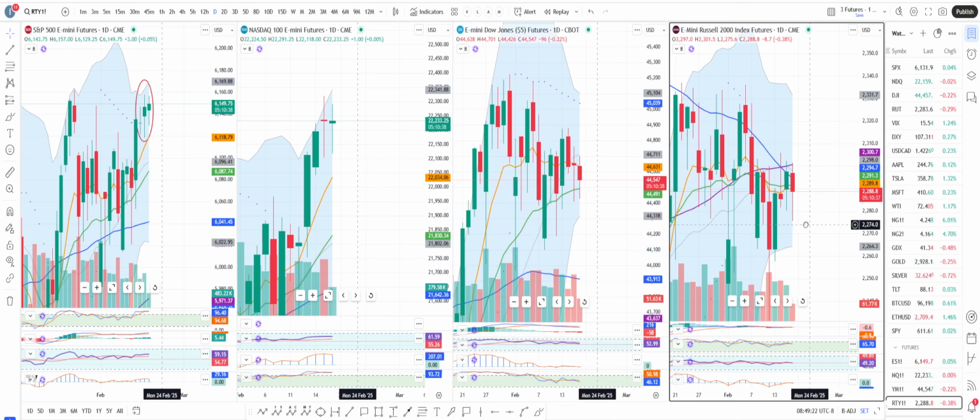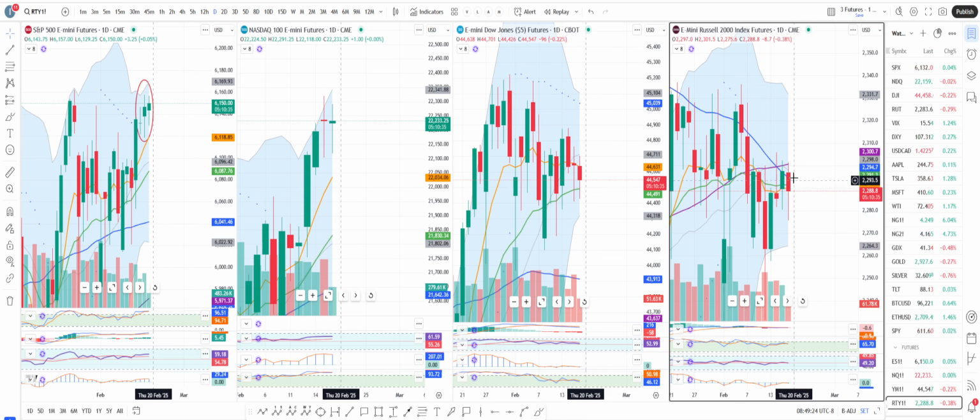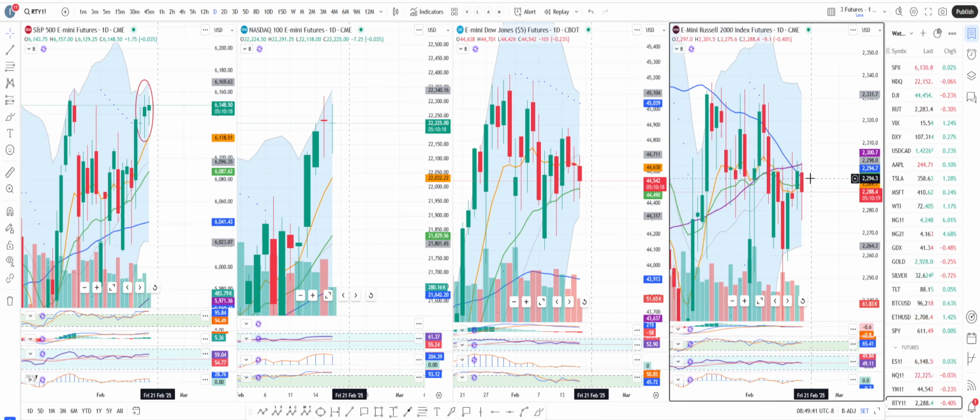And today Russell might form also a bearish formation. It would be an inside down, and I'd like to emphasize this recent bearish cross of the 50 over 100 days moving average. So it wouldn't be a surprise if it continues to go down from here.